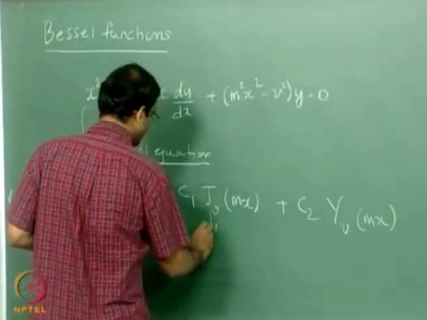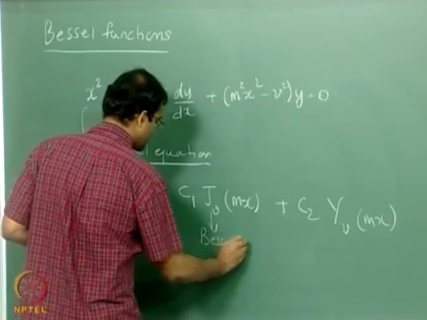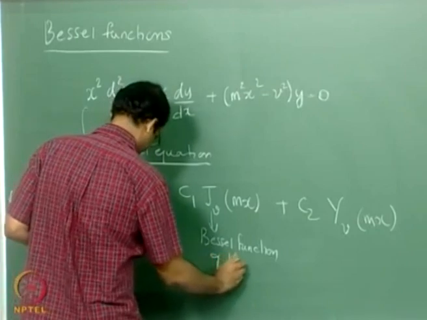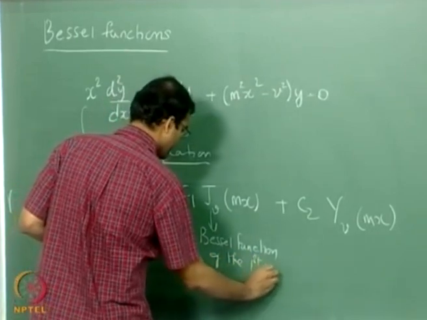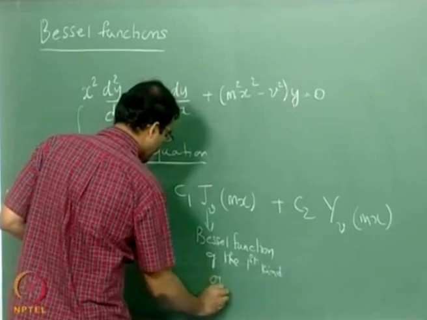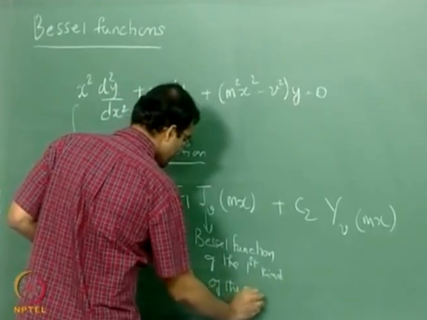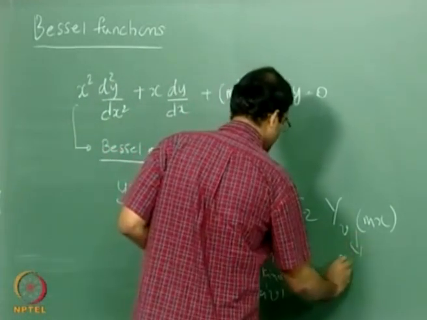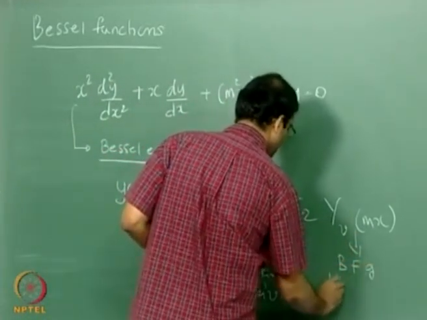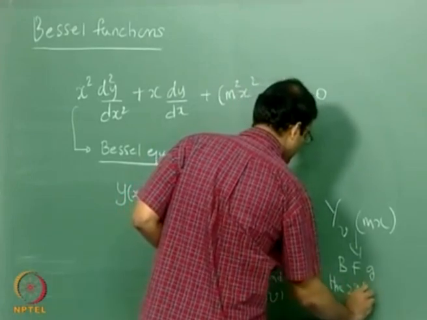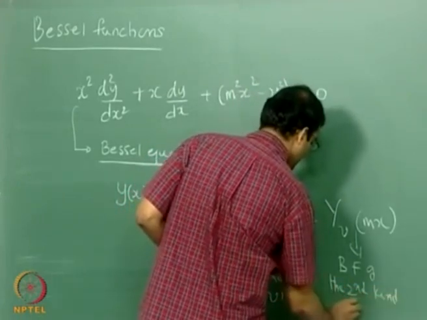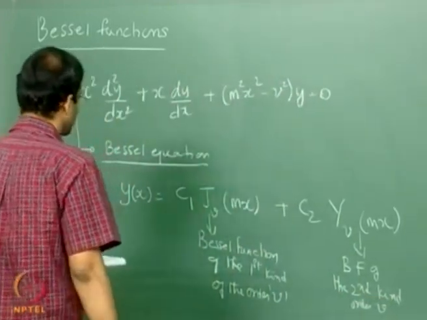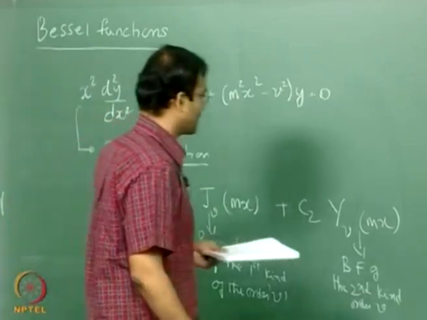So this is called the Bessel function of the first kind and of the order nu, and this is the Bessel function of the second kind and order nu. Okay, so this is so far for the Bessel function.